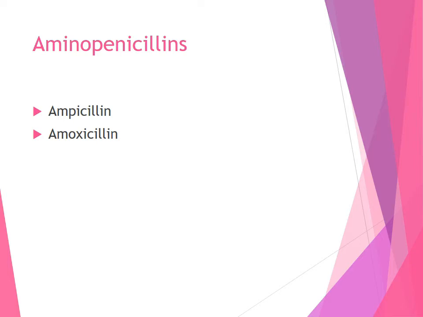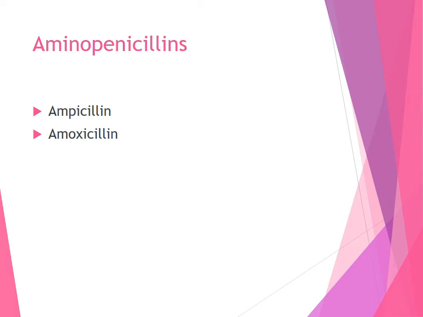Okay, next classification, we have aminopenicillin. Aminopenicillins are effective against many gram-negative bacteria as well as gram-positive ones, although they are not resistant to penicillinases. So they are considered broad spectrum.